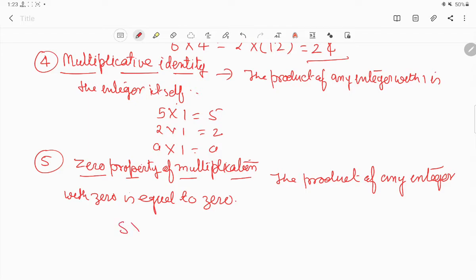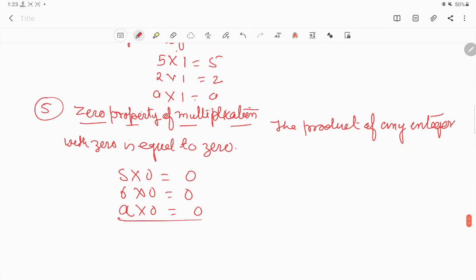So 5 into 0 is equal to 0. 6 into 0 is equal to 0. In general, a into 0 is also 0. If any integer is multiplied with 0, their product is always 0.